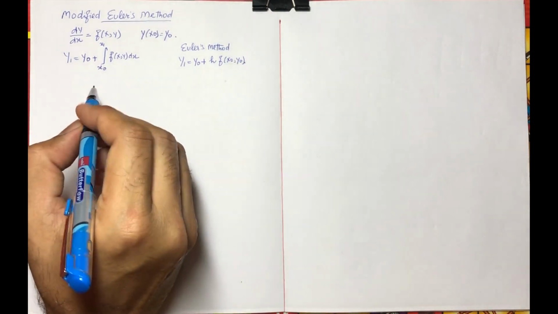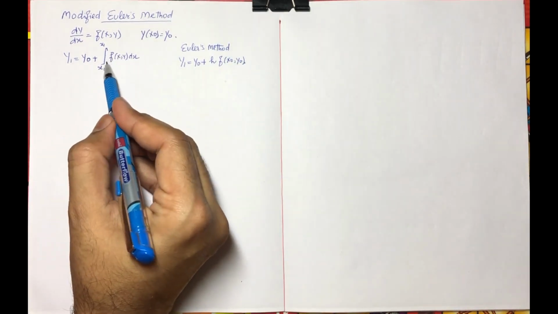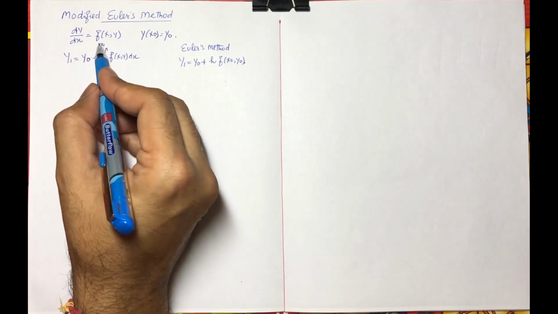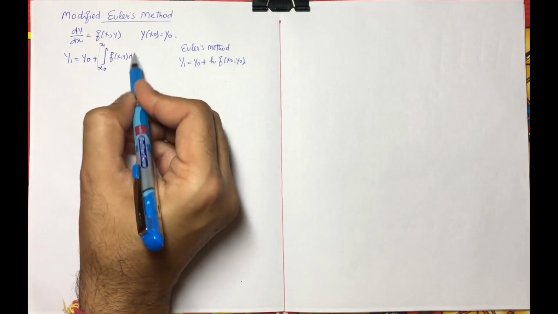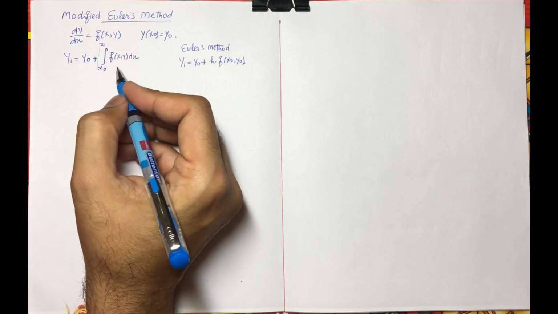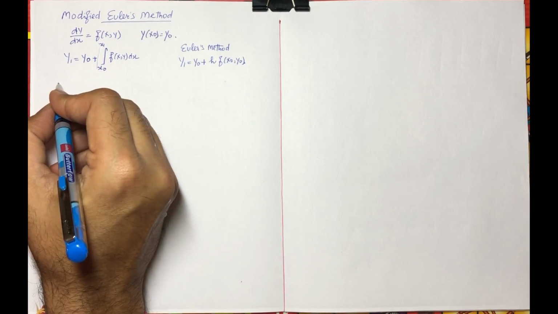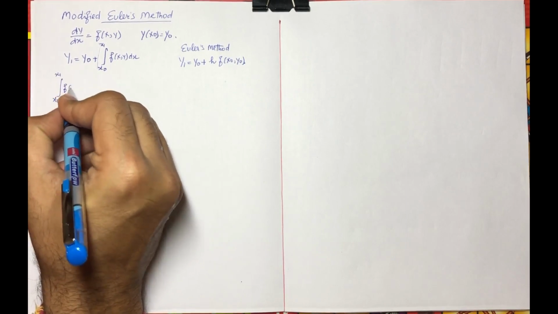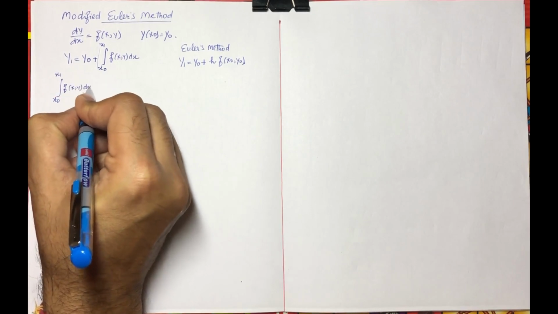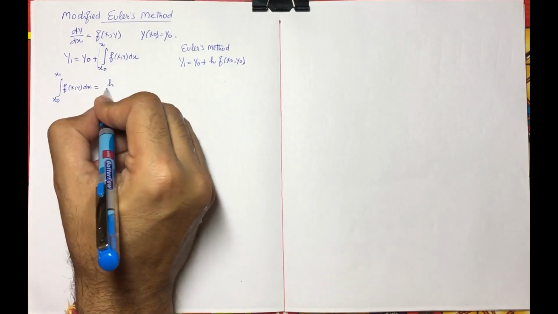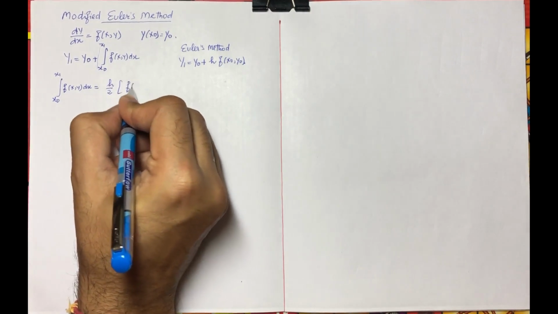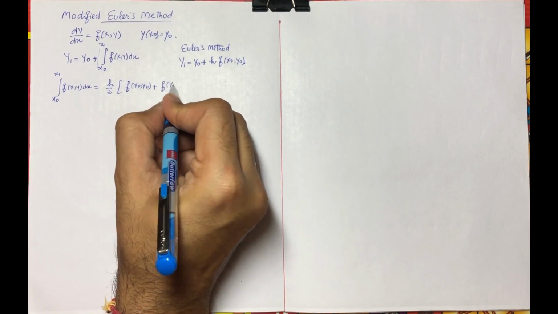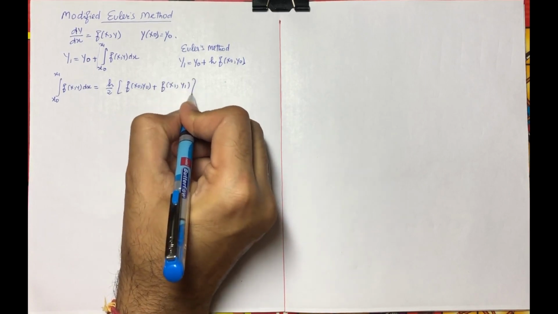Now here, instead of replacing f(x, y) by f(x naught, y naught), we will substitute the value of this integral by the trapezoidal rule. That is, the integral from x naught to x1 of f(x, y) dx equals h by 2 times f(x naught, y naught) plus f(x1, y1).